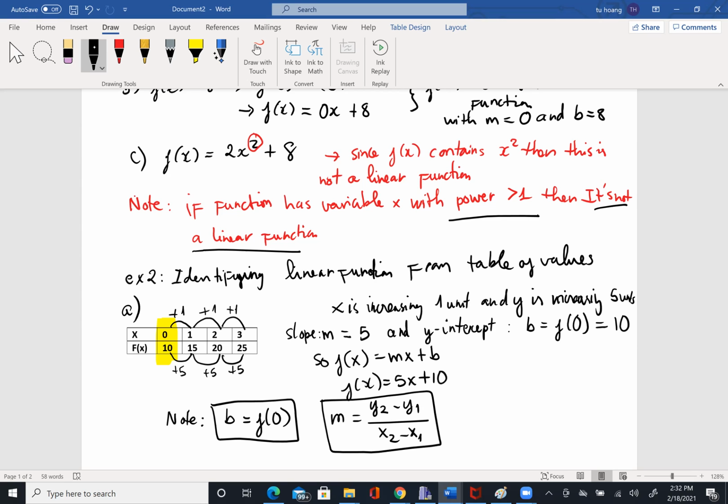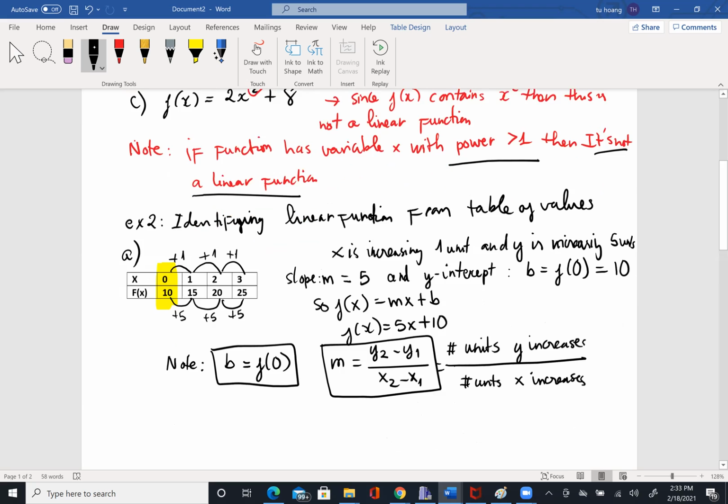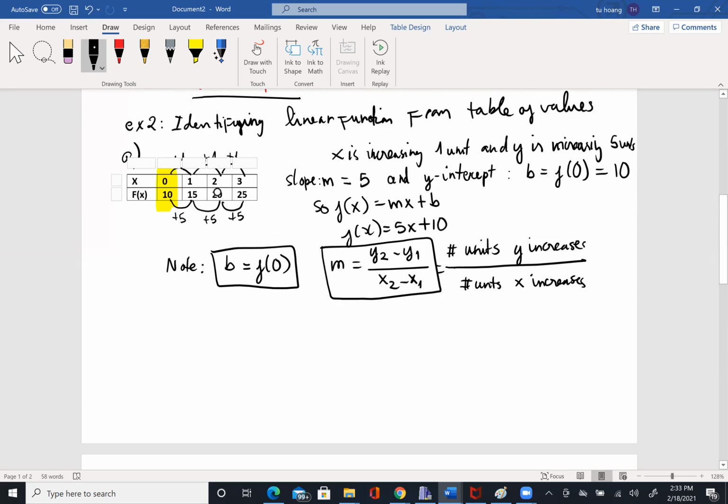Or sometimes it's said as the number of units that y increases over the number of units that x increases, or change. It's just that. Okay. All right.